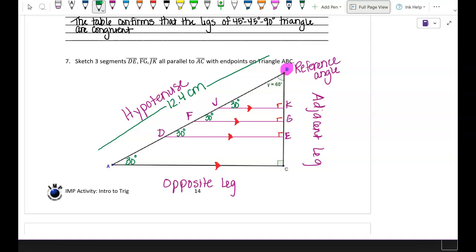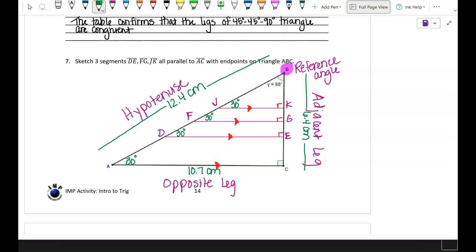When I measured AC, I got 10.7 centimeters. And when I measured BC, I got 6.4 centimeters. Now you need to go in and measure each of your smaller triangles.